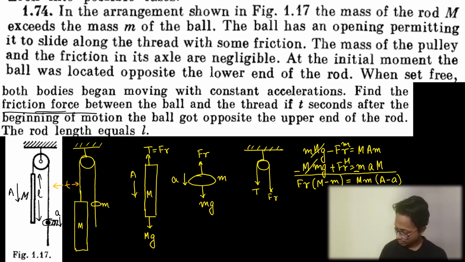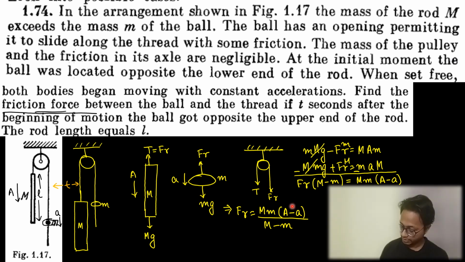Or if I draw out the friction force, it is equal to capital M into small m into (A minus a), or acceleration of block minus acceleration of ring, divided by mass of block minus mass of ring.